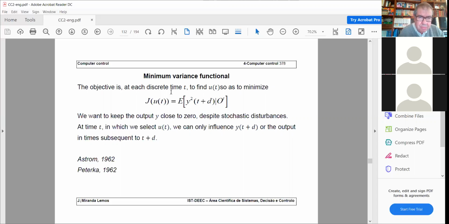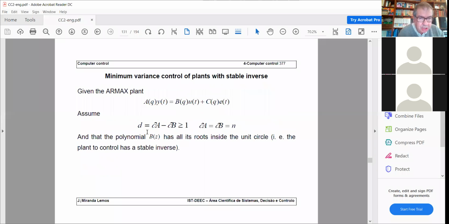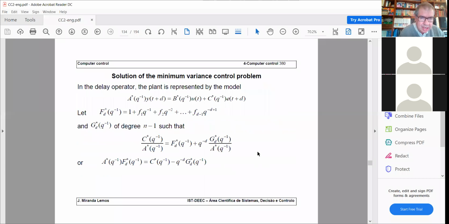You can solve some interesting examples, but you have this condition. Remember, I said polynomial B has all its roots inside the unit circle. If polynomial B has some roots outside the unit circle, then boom, it does not work. Let me give you one example.